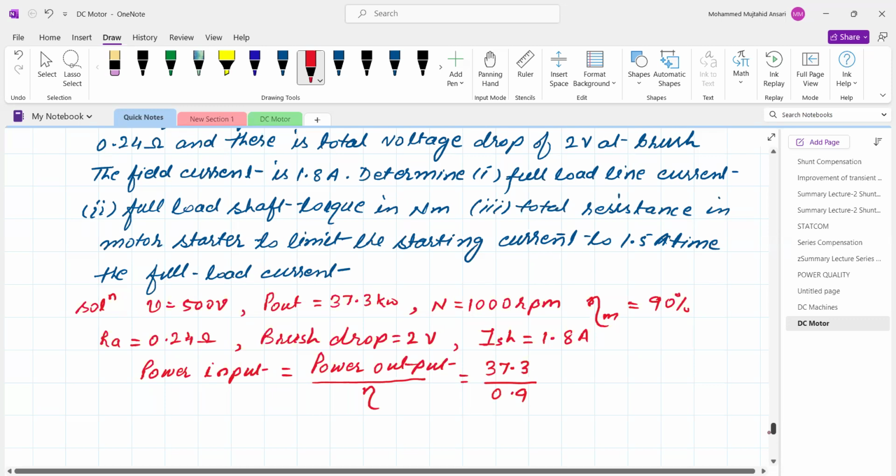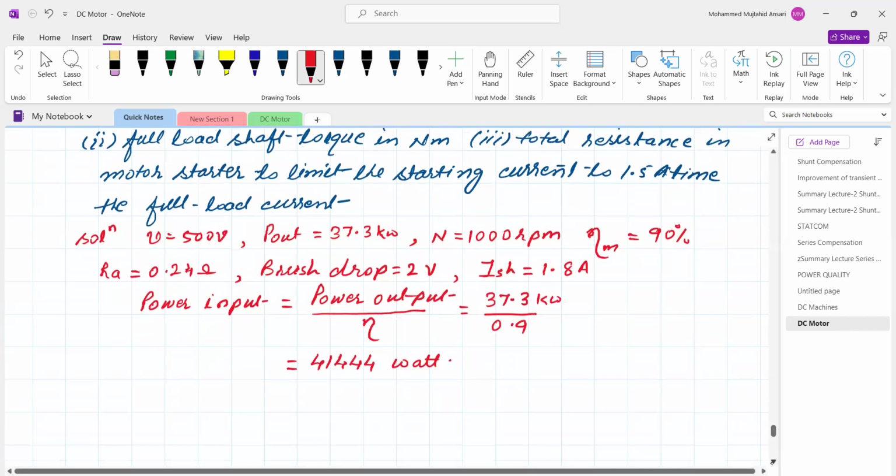So the power input equals 41,444 watt, after converting kilowatt into the watt. So this is the motor input.